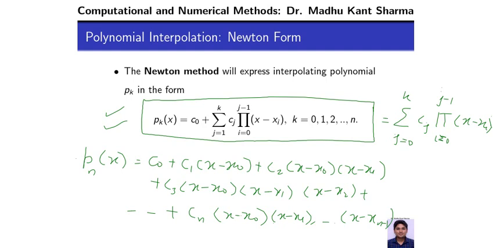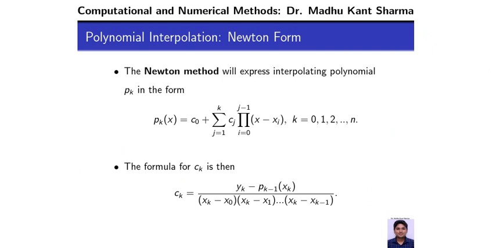So the convention is that the product of x minus xi, i equals 0 to m, equals 1 if m is less than 0. Otherwise you can use the following compact form of the interpolating polynomial.